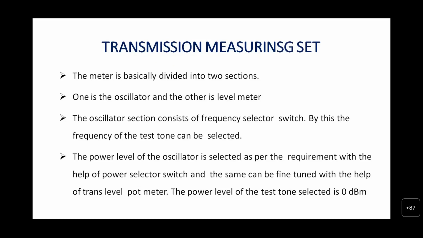By using it, the frequency of the test tone can be selected. The power level of the oscillator is selected as per the requirement with the help of a power selector, and the same can be fine-tuned with the help of a trans-level potentiometer. The power level of the test tone selected on our regular basis is 0 dB.